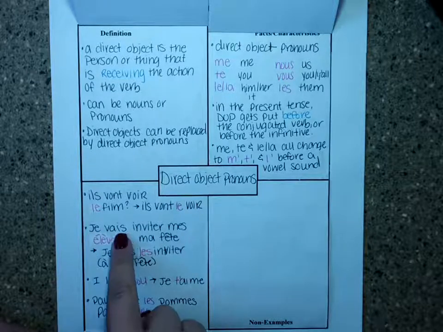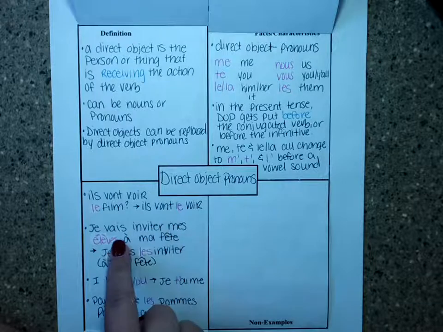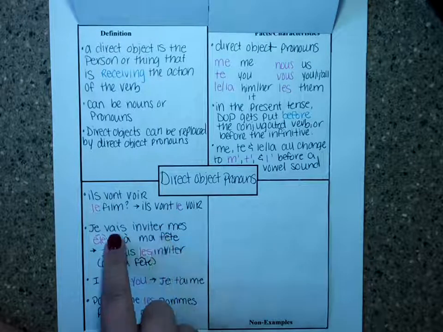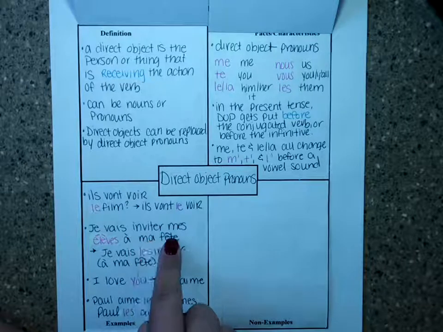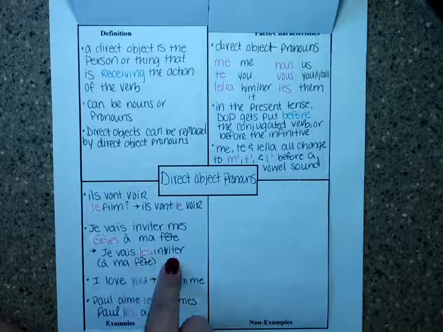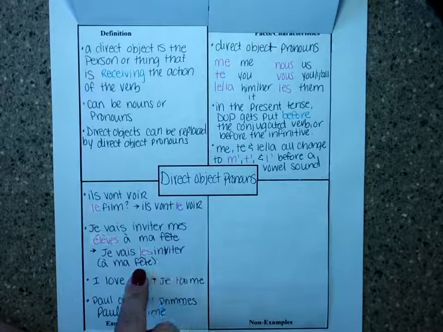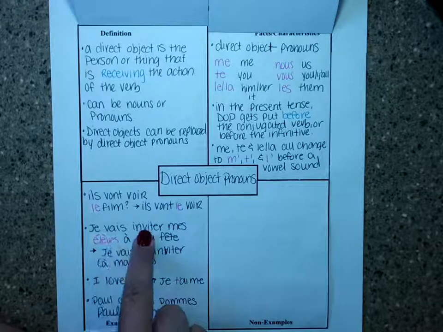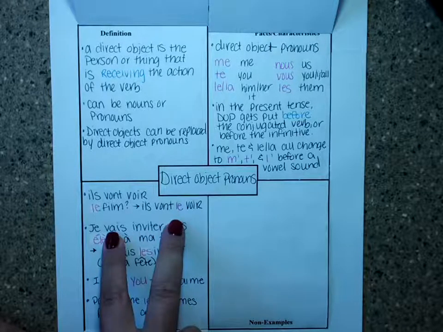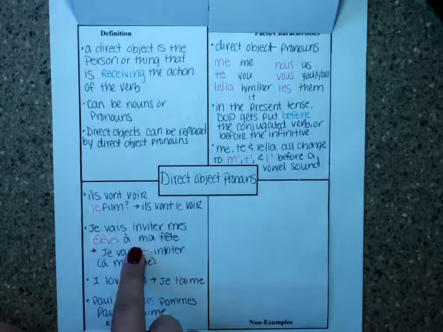Next, we have je vais inviter mes élèves à ma fête. So I am going to invite my students to my party. So we have je vais les inviter, and then à ma fête, because mes élèves was the direct object that was receiving the action of inviter, to invite. If I took mes élèves out, my sentence didn't make sense.